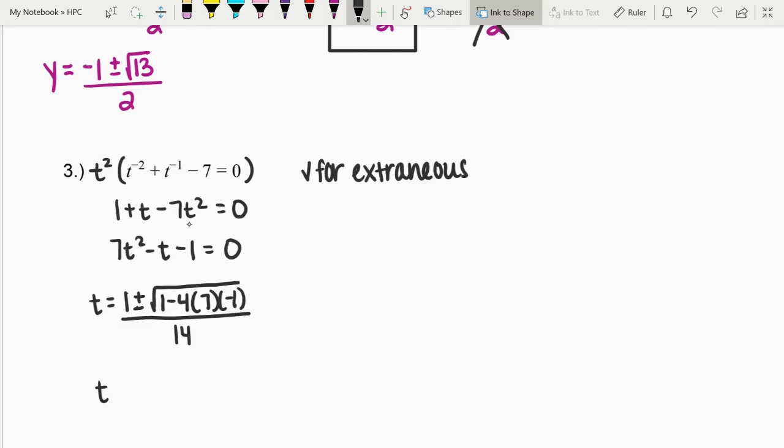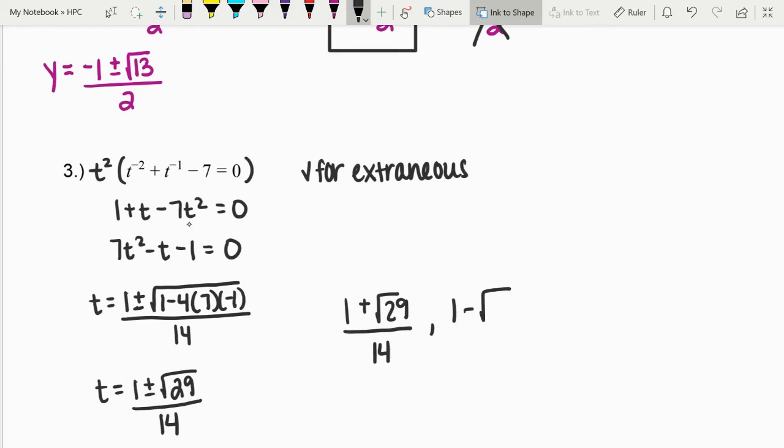Simplify that, we get t is equal to 1 plus or minus the square root of 29 divided by 14. So my two solutions are 1 plus the square root of 29 divided by 14 and 1 minus the square root of 29 divided by 14.